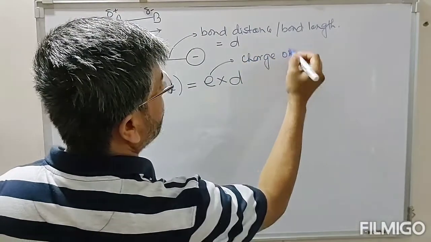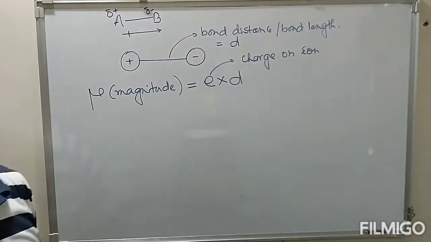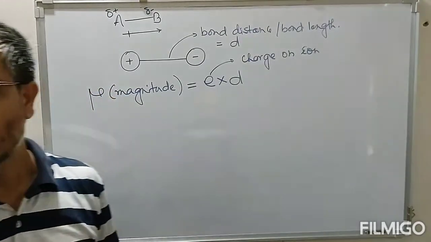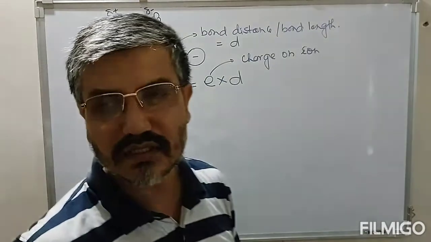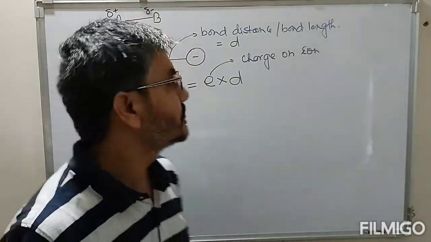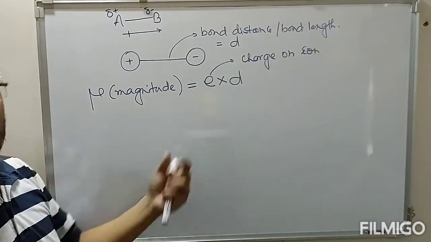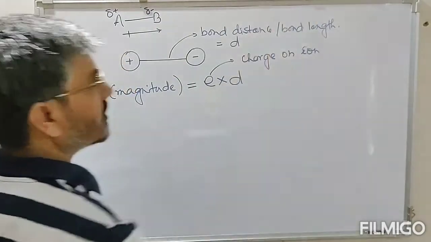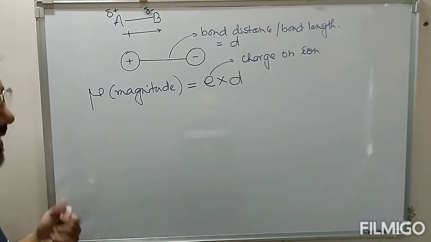This is the charge on the cation and anion. Now for partial polarization, this will always be less than the electronic charge. So this magnitude of dipole moment, E into D, has E as the electronic charge and D as the distance between the dipole, or the bond distance or bond length.